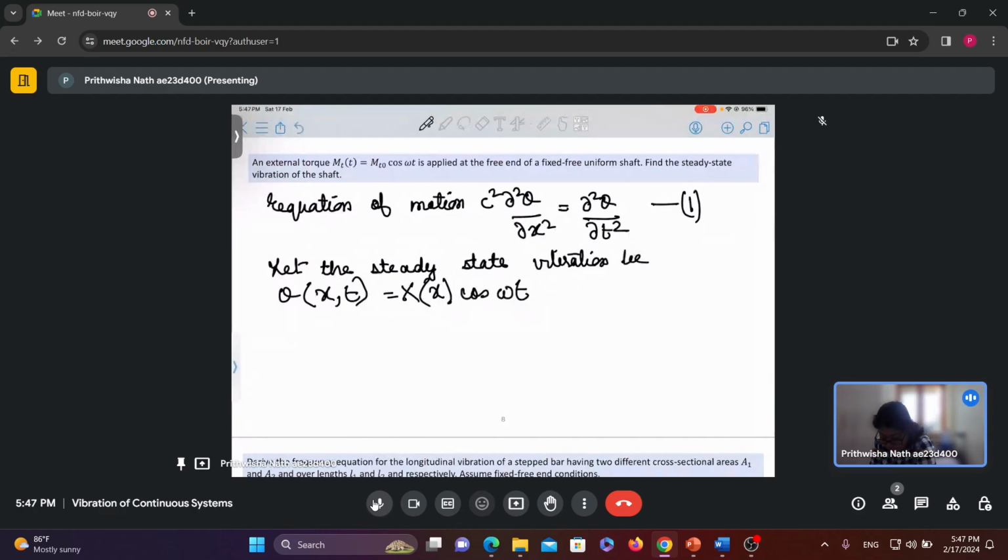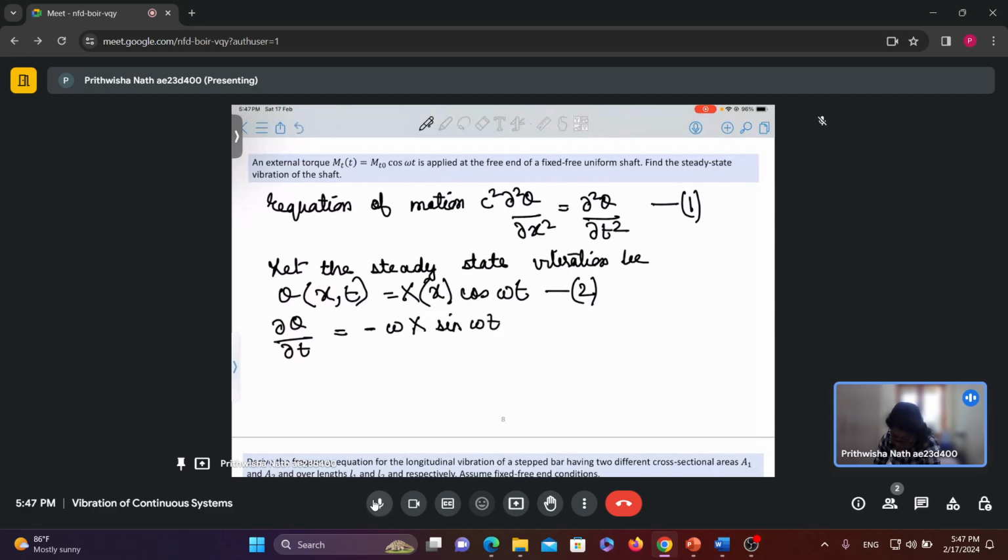So I'll differentiate this equation. Suppose this is equation 2. I will differentiate this. So this becomes minus omega x sine omega t.